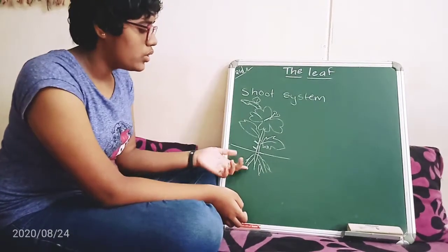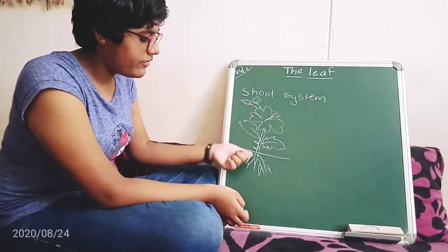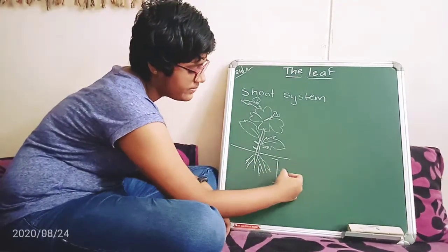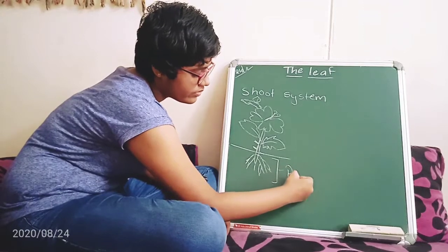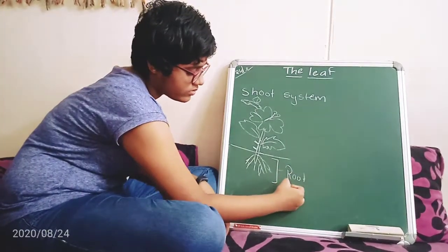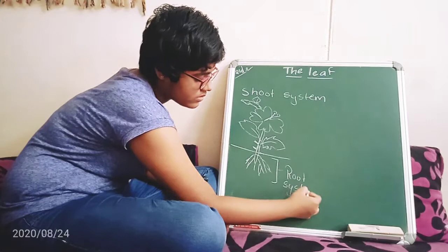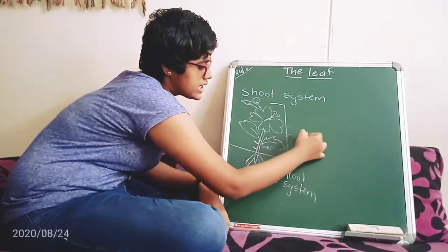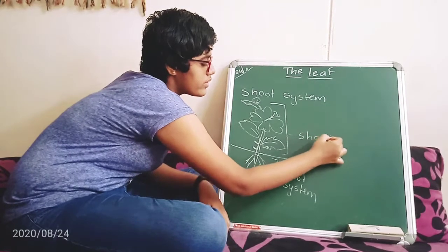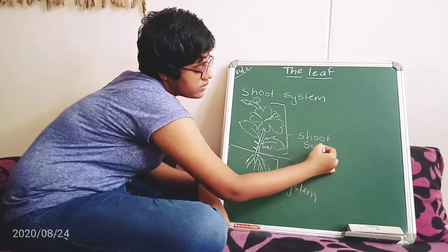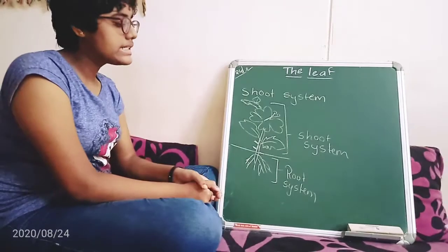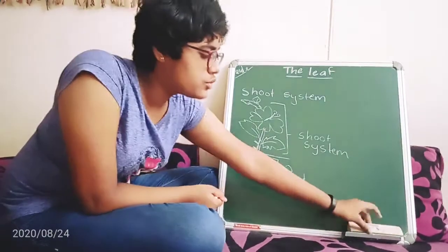Now let us go. So this is the stem. From the stem, this had been extended. This one is the root system. And this whole part is known as the shoot system. Now let us discuss what are the parts of the shoot system.